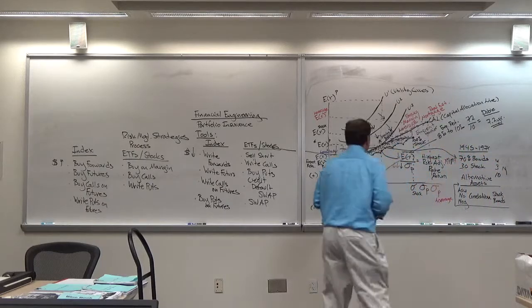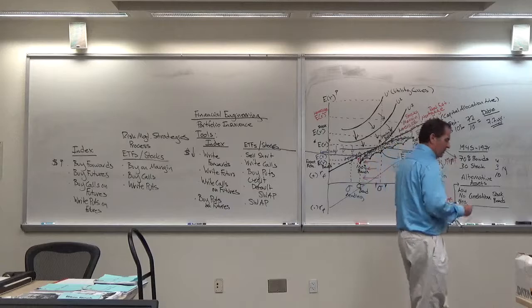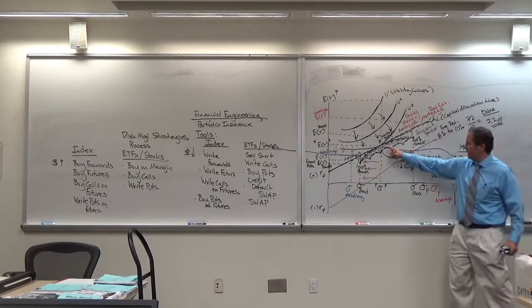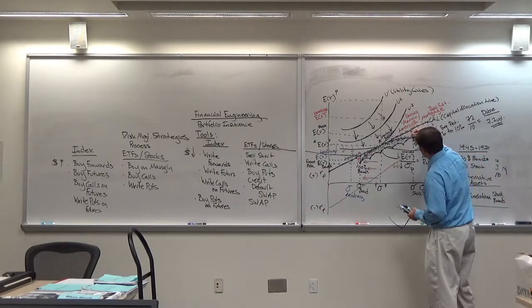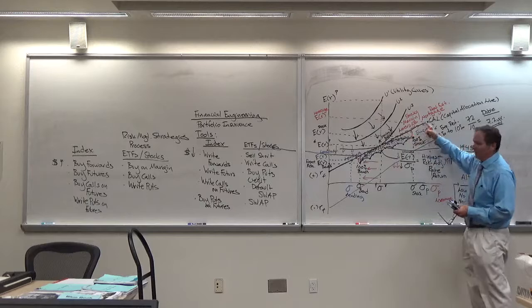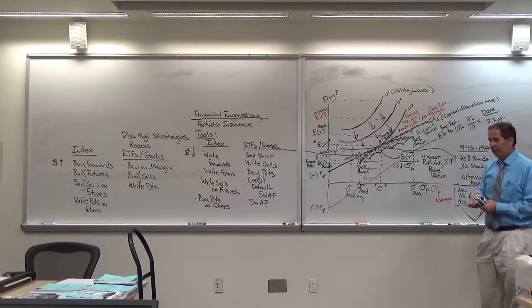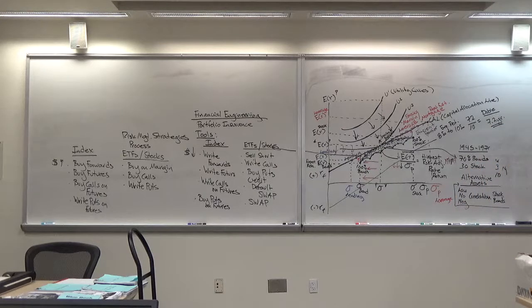Okay. All right. So what we can do also is we can jump off the efficient frontier. We can jump off this efficient frontier up onto the capital allocation line and move up the capital allocation line. Now, why would we want to do that? Well, we want to do that to get higher rates of return. Okay?